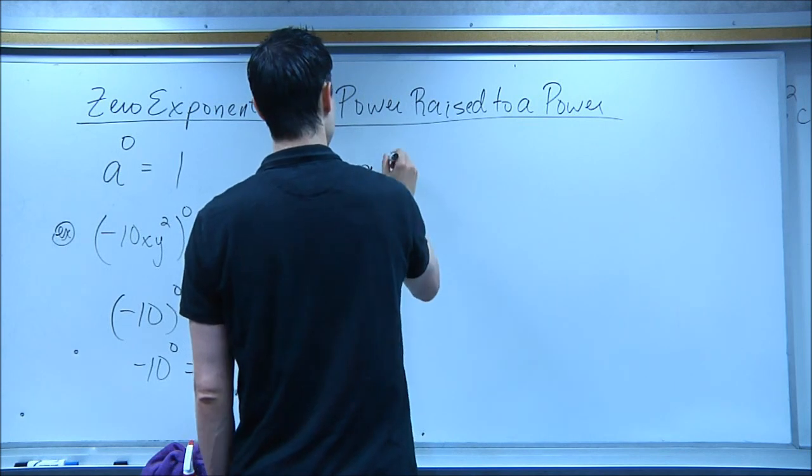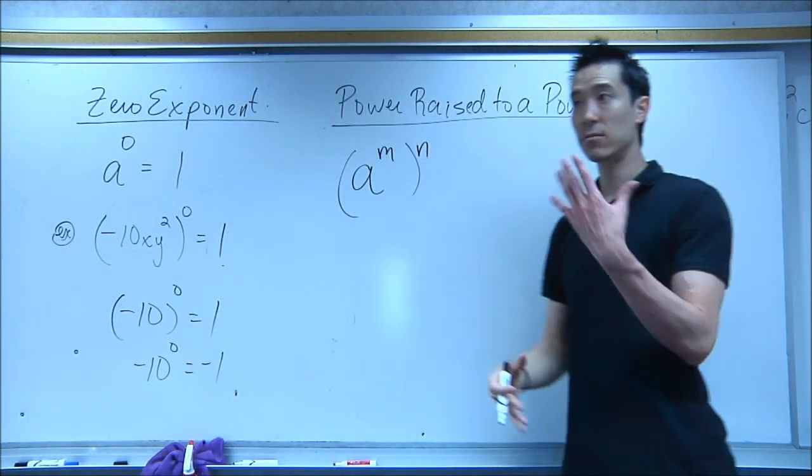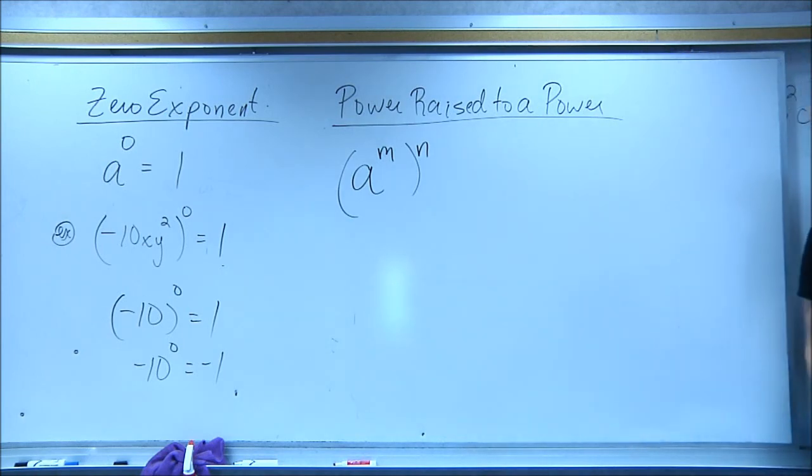So notation: a raised to the n power, but then that whole thing is raised to another power. Before, our rule was to keep the base and add the exponents. Here our rule is keep the base and multiply the exponents.